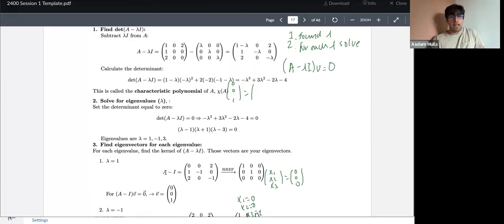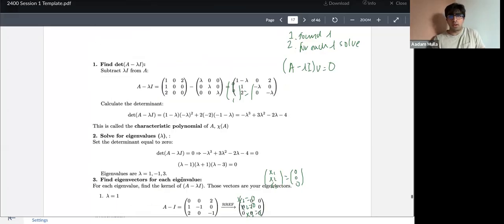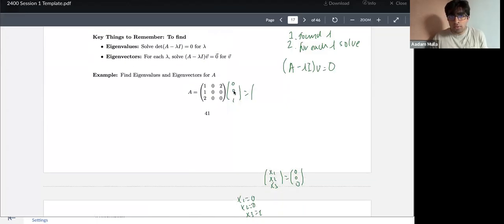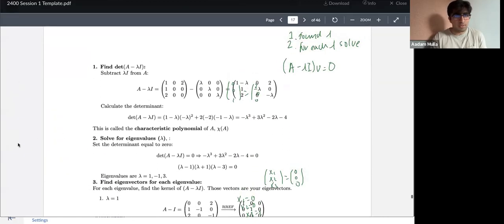Oh, sorry, it should be 0, 0, 1 is an eigenvector. Wait, am I crazy? 1 times 0 plus 0 times 0, so 2, 0, 0. Okay, that's a little bit weird, but I'll clarify that at the end. Either way, the process is the same. Maybe we made a little bit of an algebra mistake somewhere.